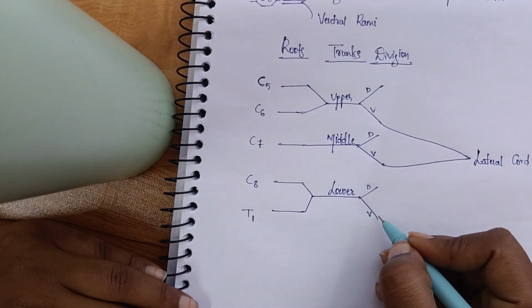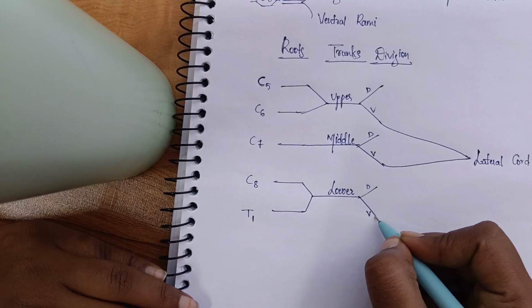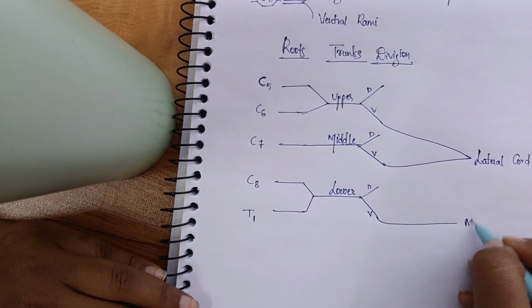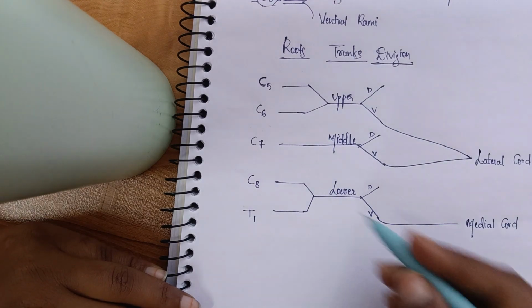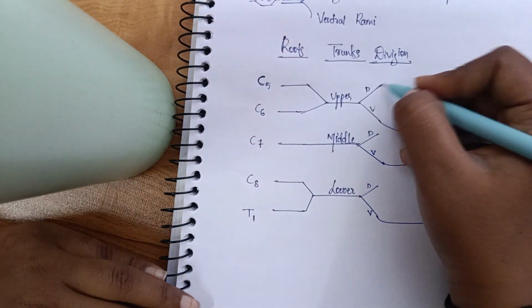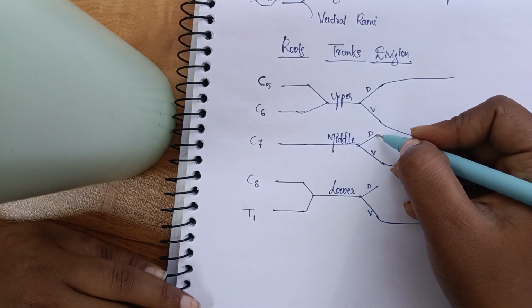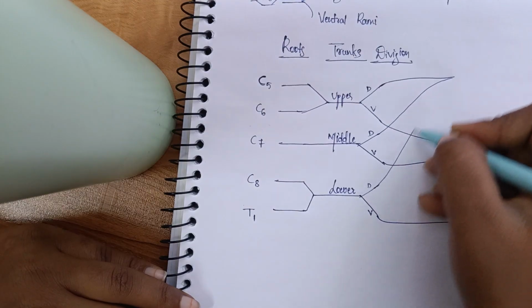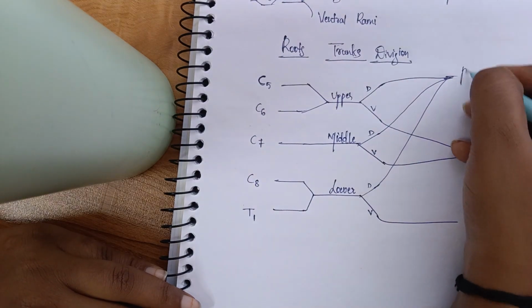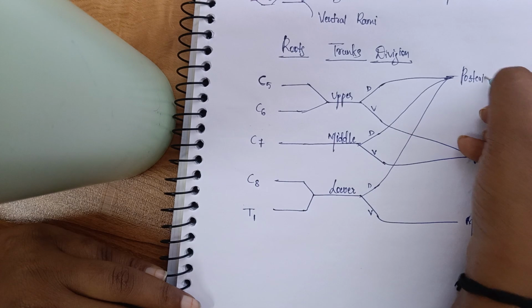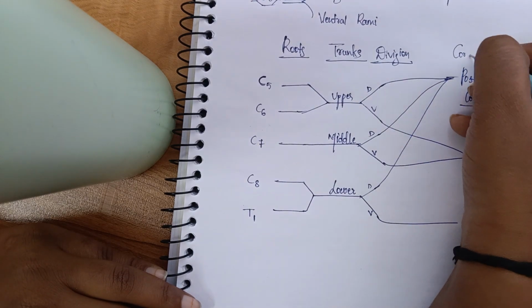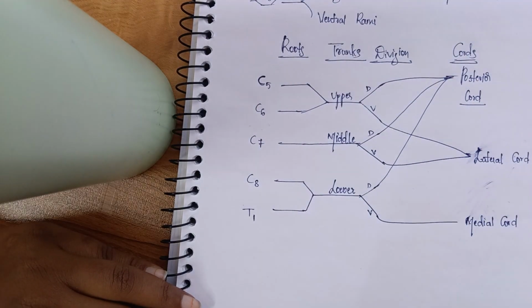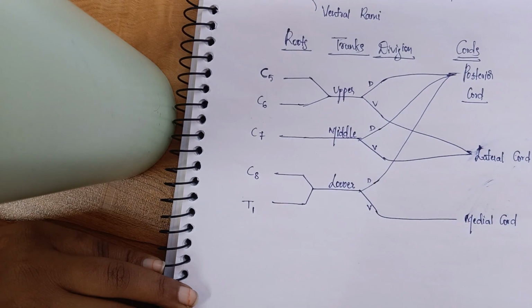The ventral division of the lower trunk continues as the medial cord, and the dorsal divisions of all the trunks, upper, middle and lower, continue as the posterior cord of the brachial plexus. These are the cords. This is how the brachial plexus is formed.